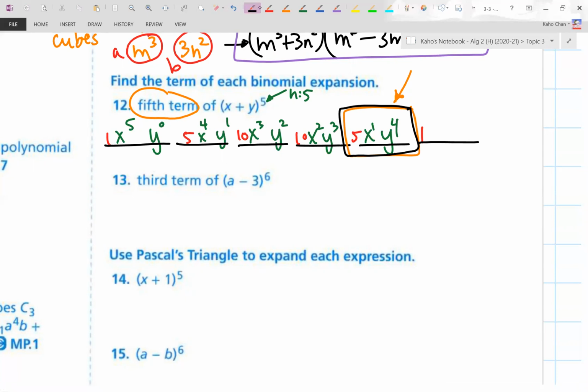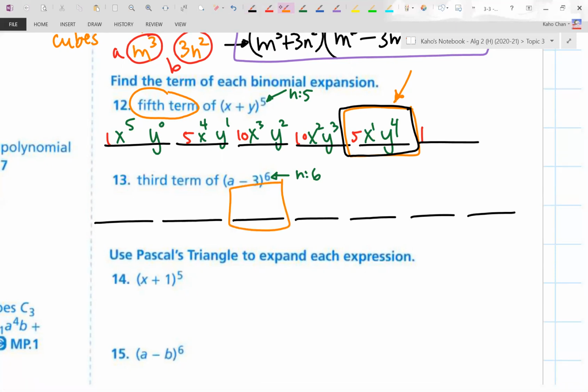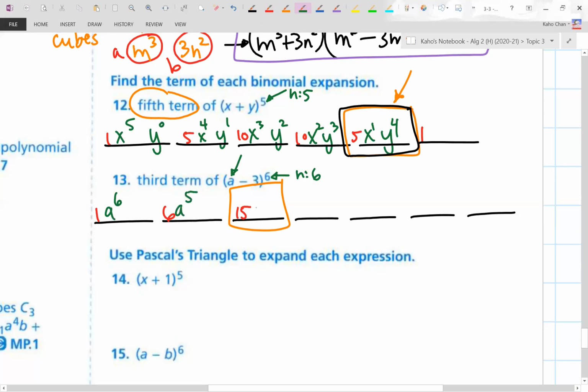Okay, I'm going to do the same thing with the next problem. In this case, I have n is equal to the 6th power. I'm going to throw down 7 blanks. 1, 2, 3, 4, 5, 6, 7. And I only need the 3rd term this time now. And after a while, you notice when you do put down the coefficients, 1, 6, 15, I don't really need to move further. And if you look at the first term here, I have a's, a to the 6th, a to the 5th, a to the 4th.